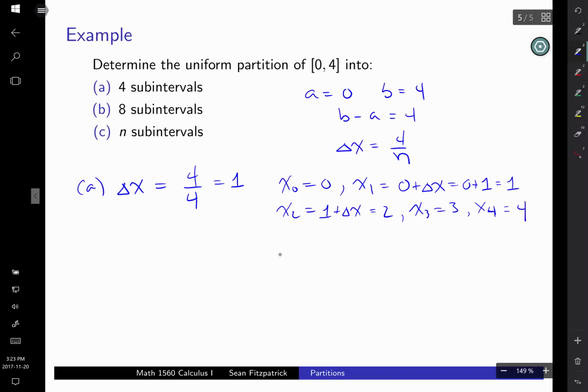Okay, so that's pretty clear what's going on. We start at 0, we end at 4, and we're dividing at 1, 2, 3, and 4. We get our equal pieces.